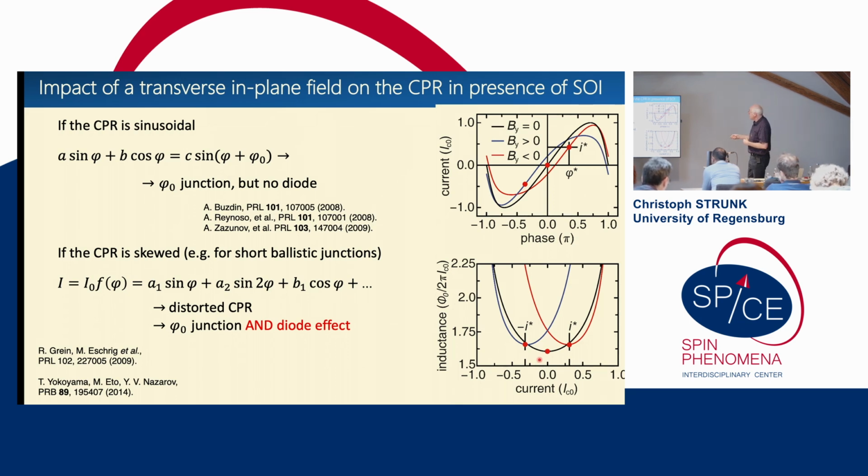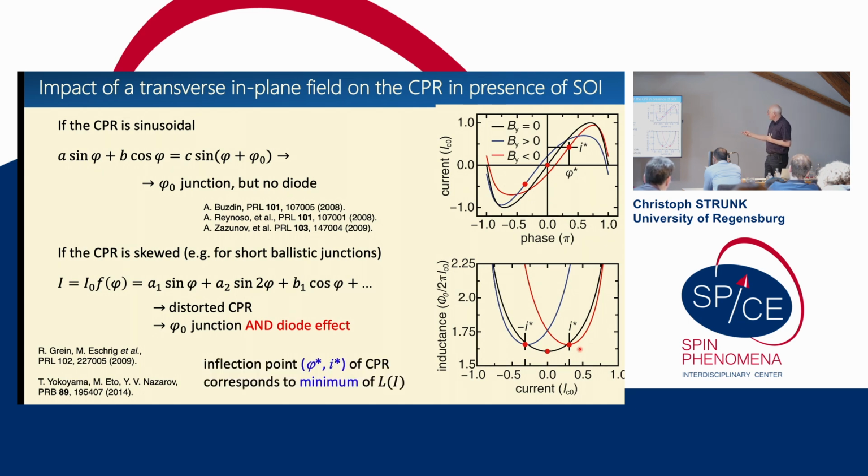But in addition, we are not bound to the critical behavior. If you take the derivative of the inverse of this curve, then we get a current-dependent inductance. And you see, while for zero field we expect that this is symmetric around the current direction, for a finite in-plane magnetic field we expect that the two parabolas are shifted against each other.